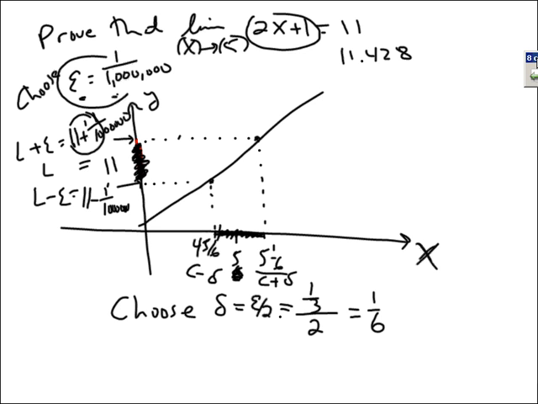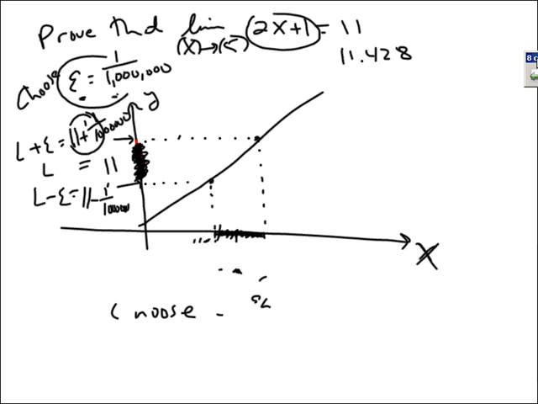And I blew up the graph. That's why it's still just as much space. Well, I have to convince you that the y value is really in between those two numbers. Maybe I'm wrong.